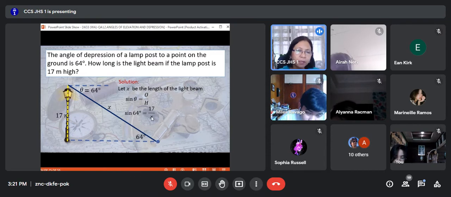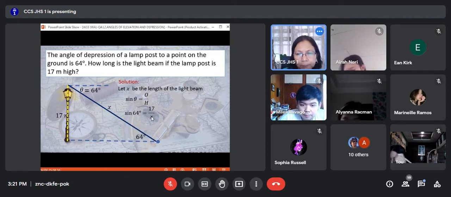Now, how do we solve for x here? Using our property in proportion, we can interchange the means or the extremes, right? Sine 64 is understood to be over 1, right?